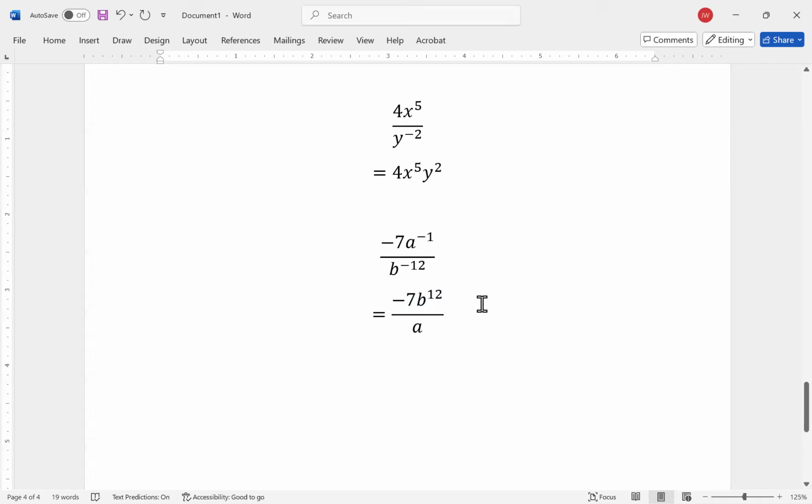So there you go. That would be the final answer for both of these problems, because now all of the exponents we're using are positive exponents. Again, that's different than negative versus positive coefficients. That doesn't throw anything off. This is only a rule for exponents.